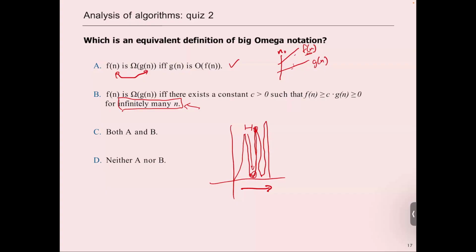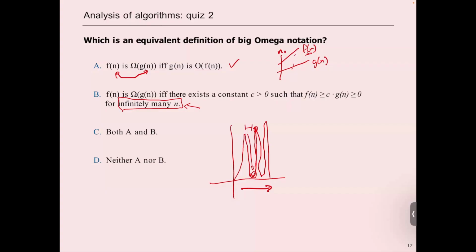So imagine a weird oscillating function that alternates between, say, n squared and 1, depending on whether n is even or odd. This is going to satisfy the inequality an infinite number of times, but it's also going to fail an infinite number of times as well.